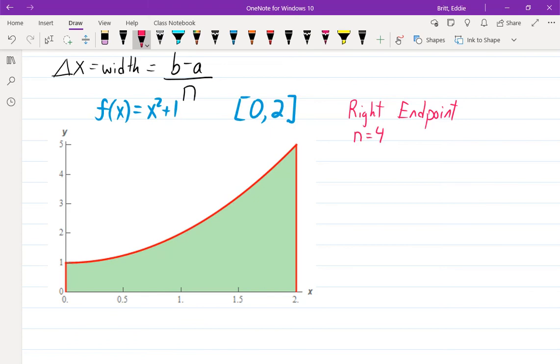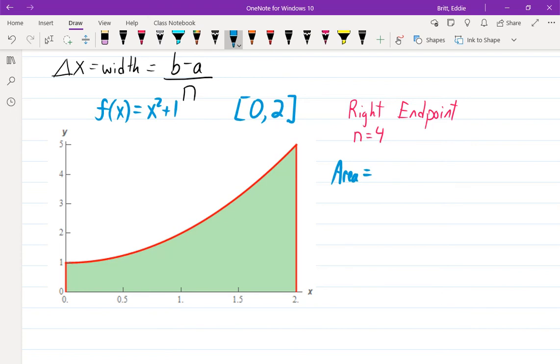The more rectangles that I make, the better estimate that I will have. But if we do 8 or 16, it's going to take a while. So what we're going to do is start here on the right endpoint. So area equals.